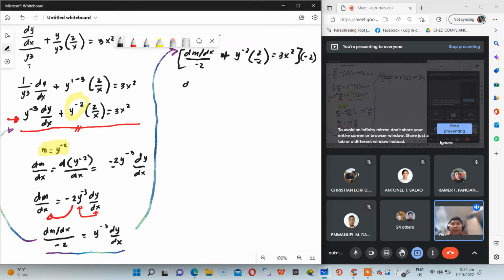So therefore, that is just dm over dx plus y to the negative 2. Negative 2 times 2 is negative 4 over x equals negative 6, 3 times 2, that is negative 6x squared. Right? So you must multiply on both sides. You can't multiply only one side.